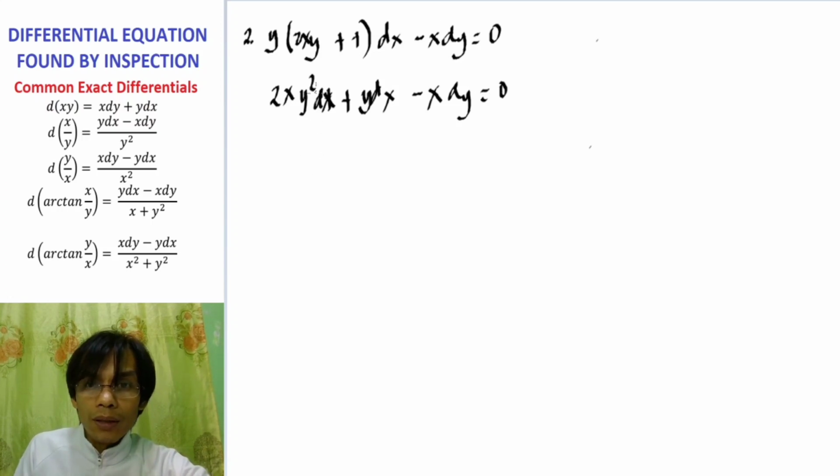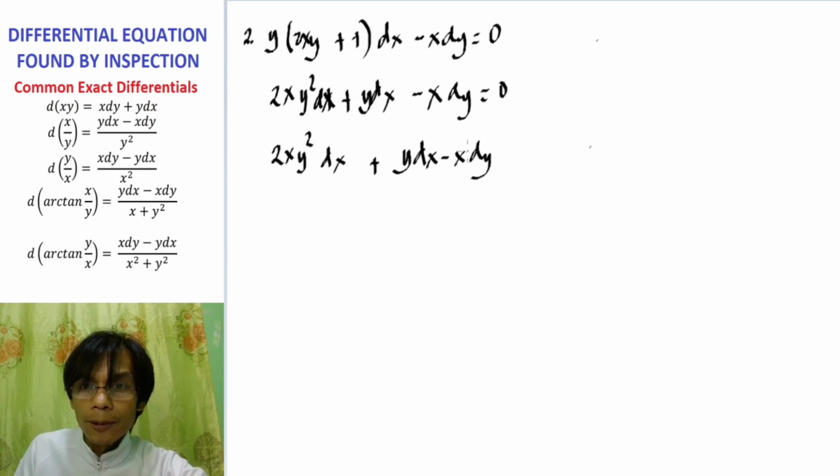And then the next thing we have to do is to group. So 2xy squared dx plus (y dx minus x dy) equals 0.